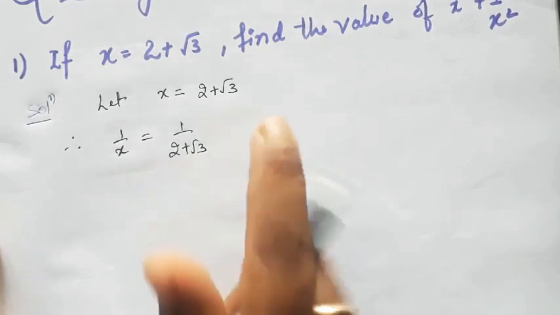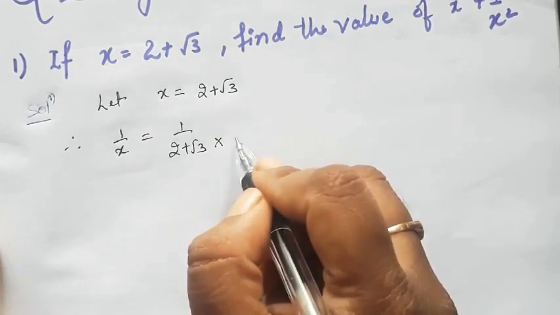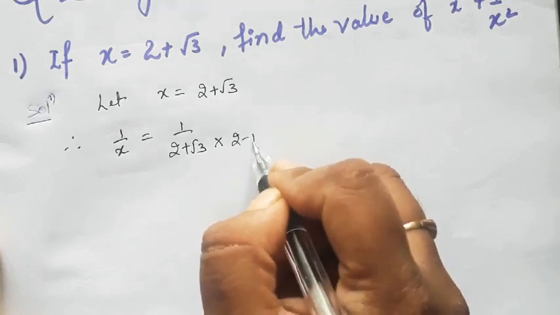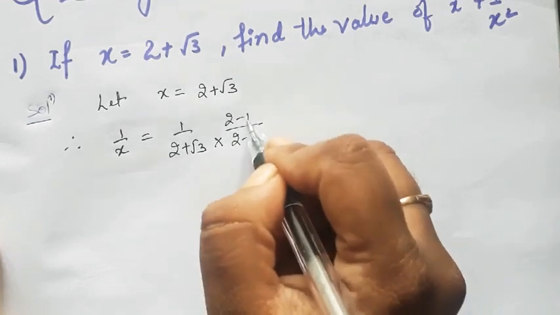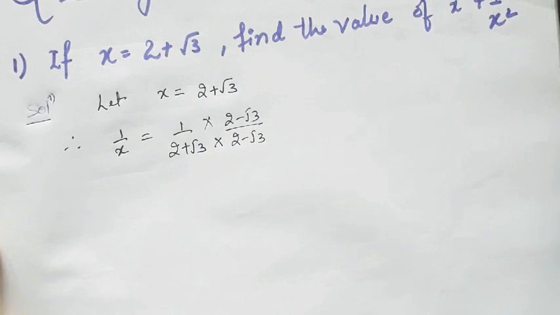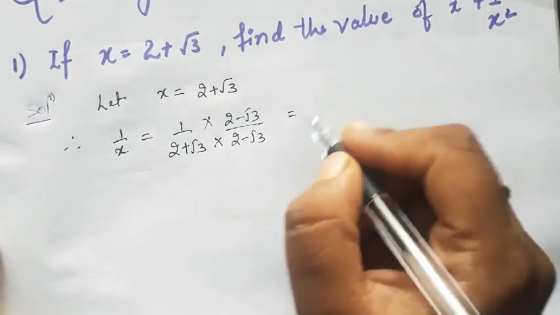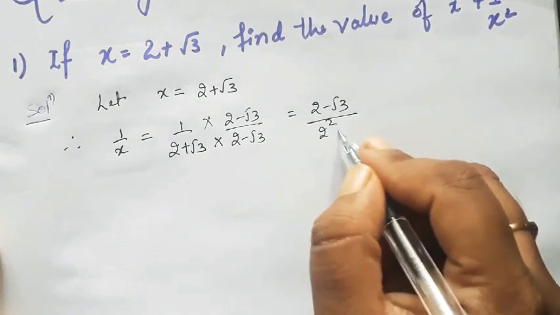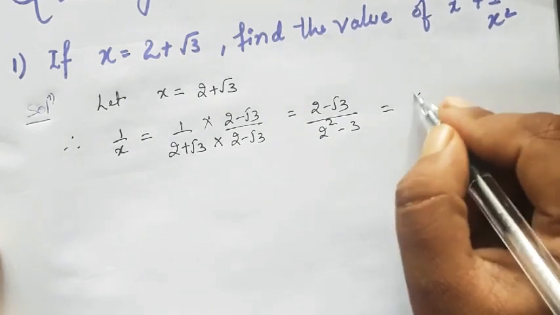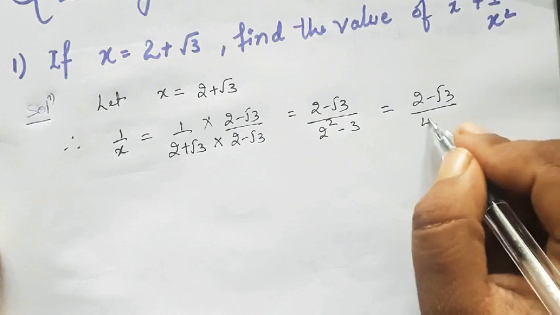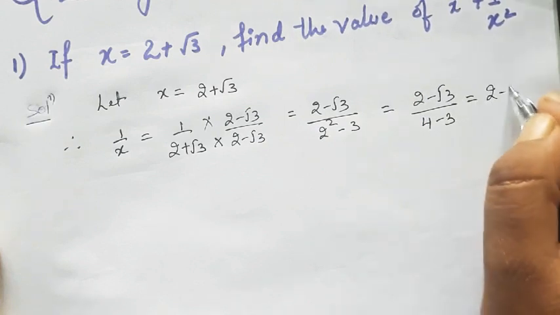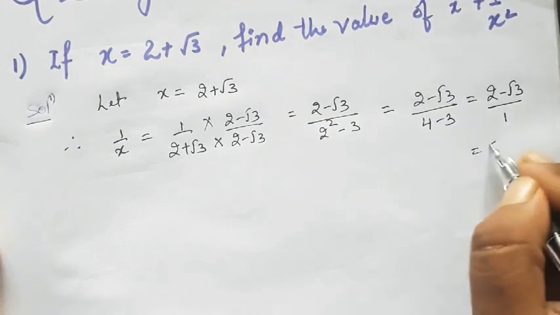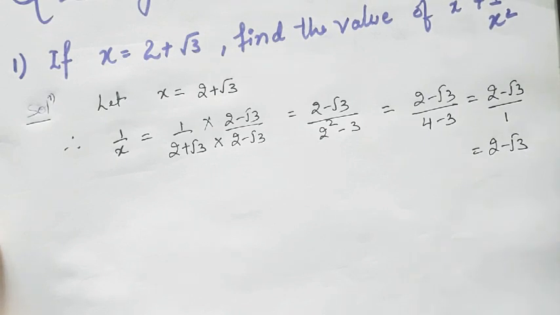Directly rationalize its denominator by multiplying by the rationalizing factor, that is 2 minus root 3, in numerator and denominator. As we have discussed in the previous videos, we get 2 minus root 3 upon 2 square minus 3, that is 2 minus root 3 upon 4 minus 3, so I got 2 minus root 3 upon 1, which is equal to 2 minus root 3.